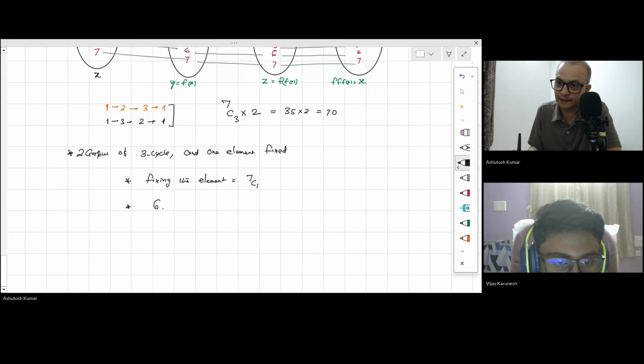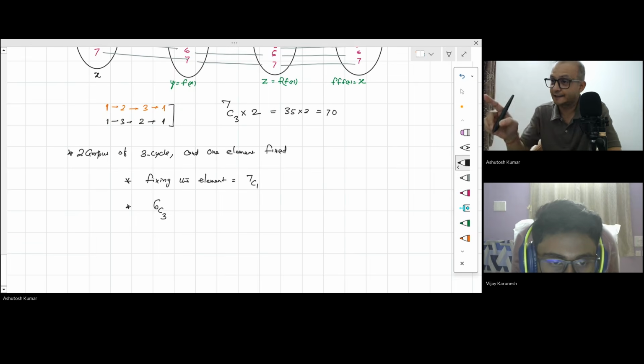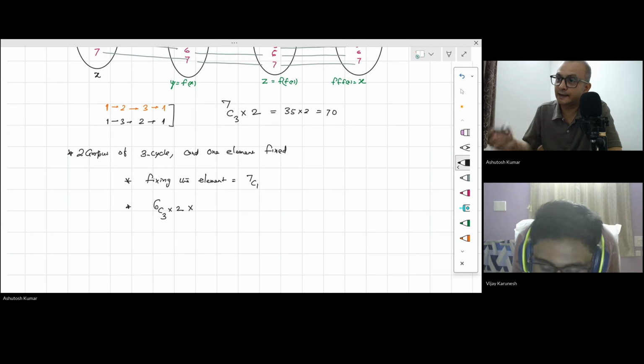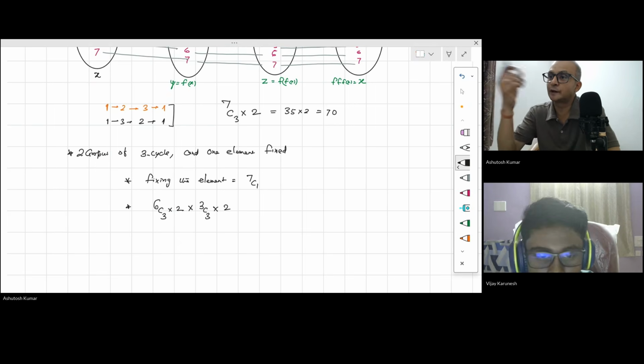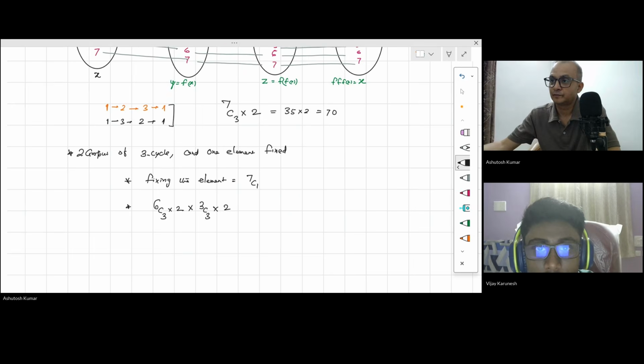Very good, 6C3. And in each 6C3, I have to give 2 cases. And the other 3 out of 3 you're choosing all of them, and again for each, 3 into 2. But in this case, what happens? You assume that the 2 groups are not intersecting.